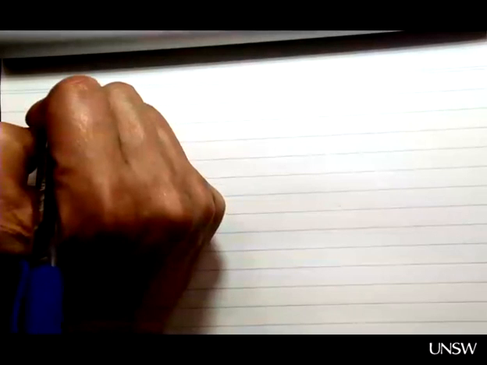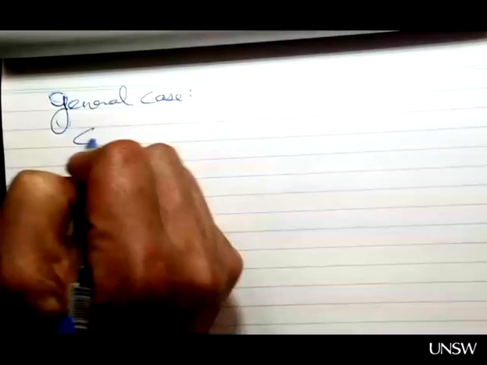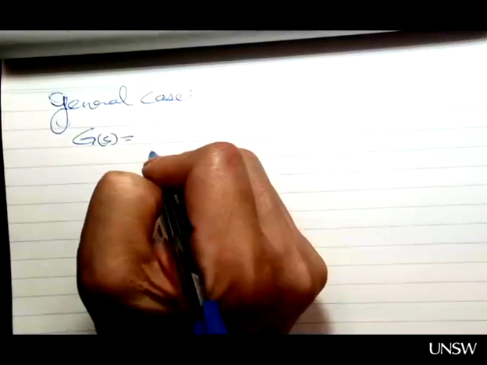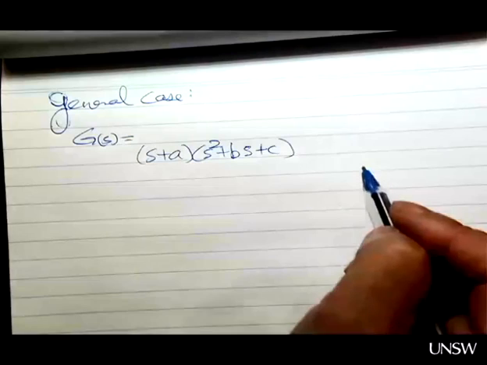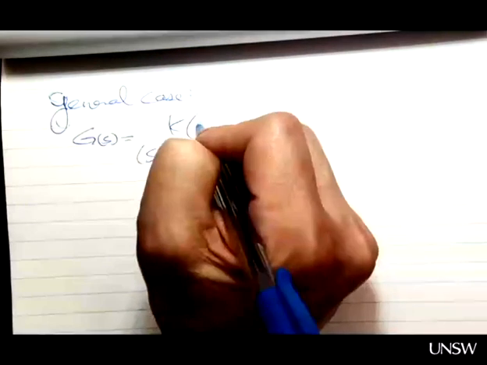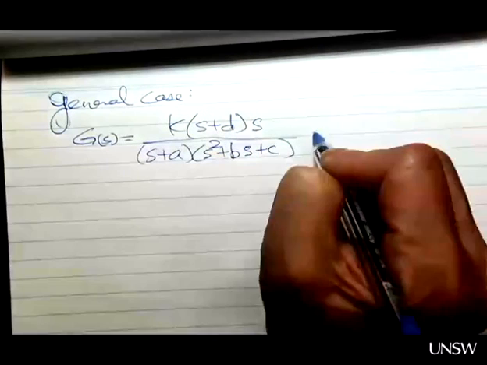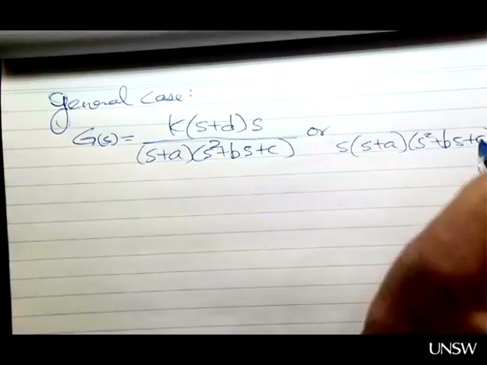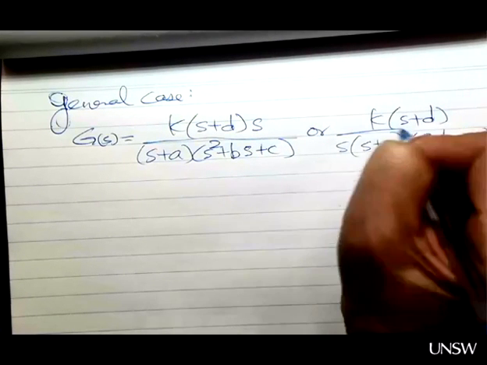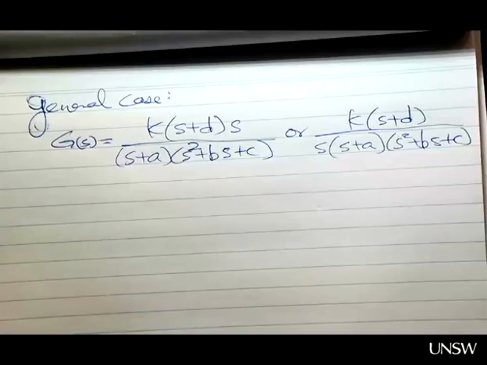So we look at a general case. G of S equals K times S times S plus D, over S plus A times S squared plus B S plus C. So that is the general case.